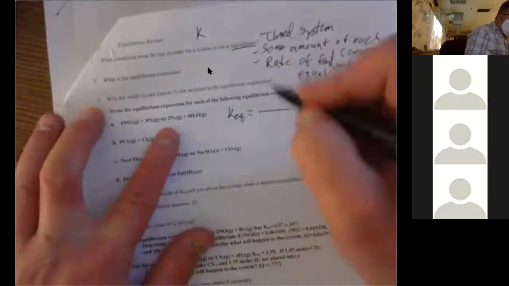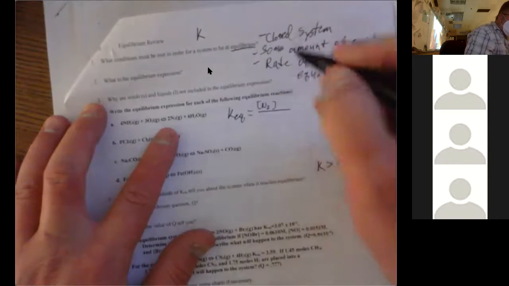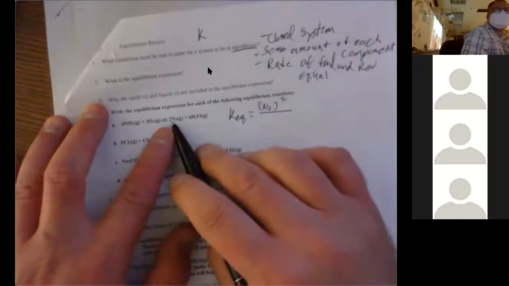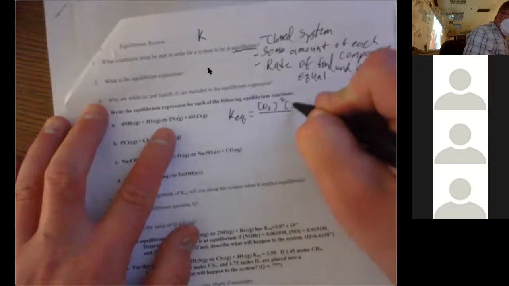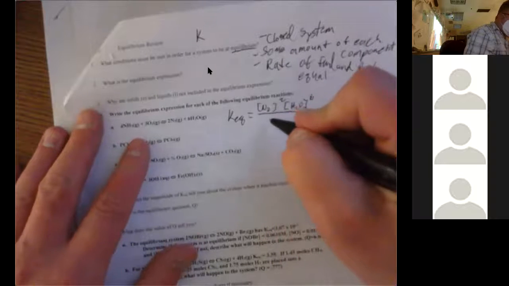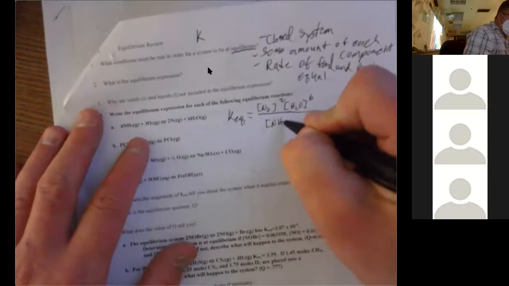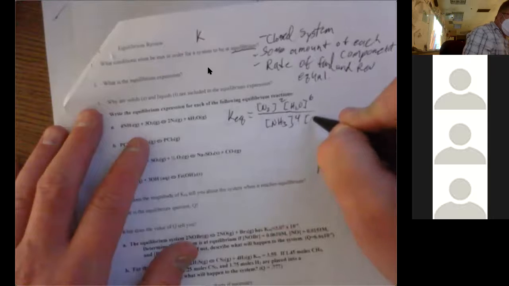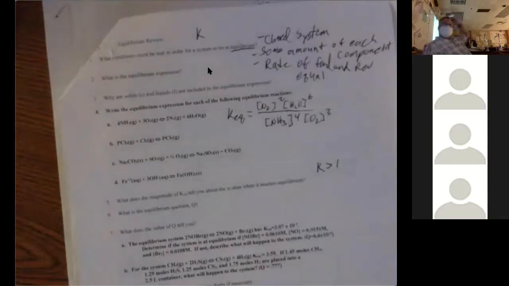So if we take a look, we're going to square that because of the 2 here. H2O, and at the bottom, NH3, O2, 2. Products over reactants. All of these are gases, so all of them have a participant and are placed in that equation. Out of all those equations, which one has something that would not be placed in it, would be replaced by 1?